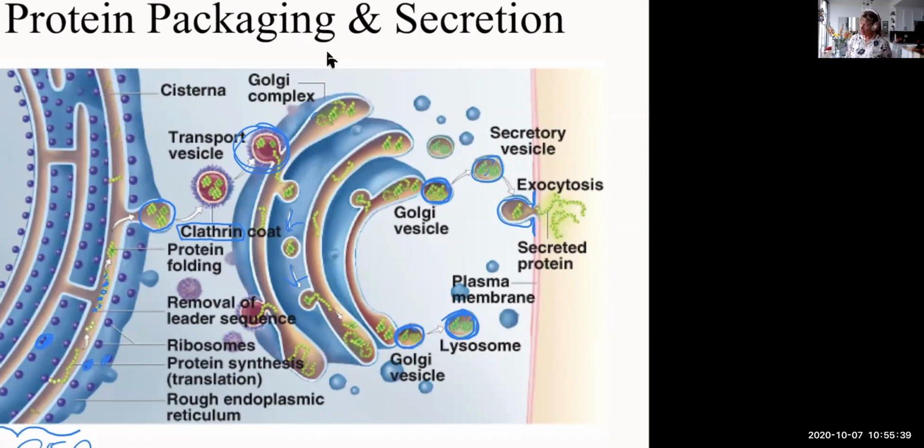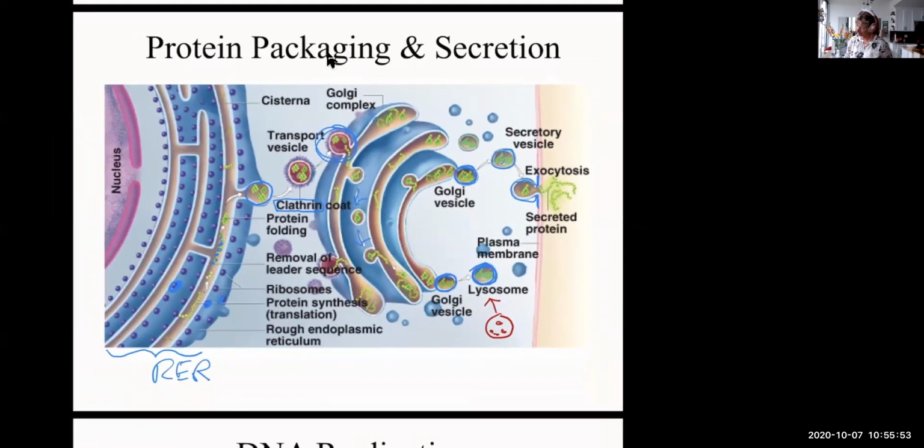So this lysosome will eventually fuse with a vesicle containing some food. So the lysosome will fuse with a food vesicle, and enzymes within will hydrolyze or digest the food.